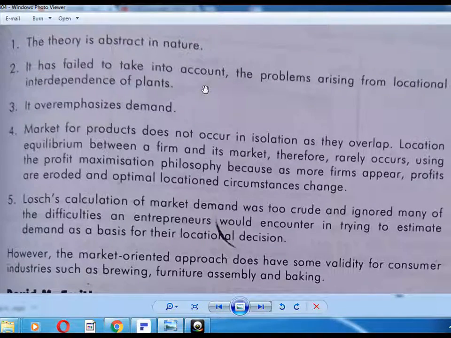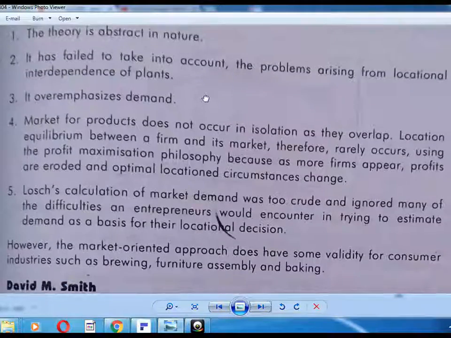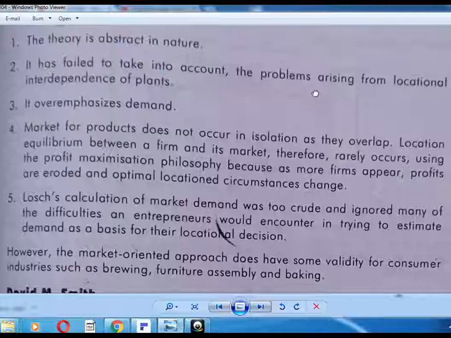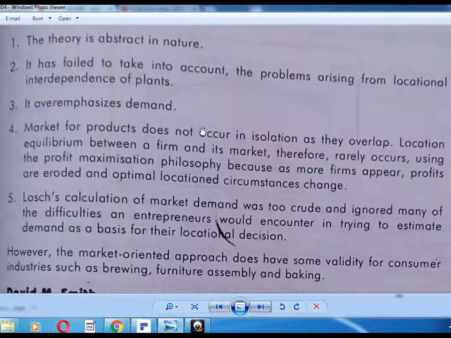It overemphasizes demand. Market for products does not occur in isolation. A developed location equilibrium between a firm and its market therefore rarely occurs using the profit maximization philosophy, because as more firms appear, profits are eroded and optimal locational circumstances change.